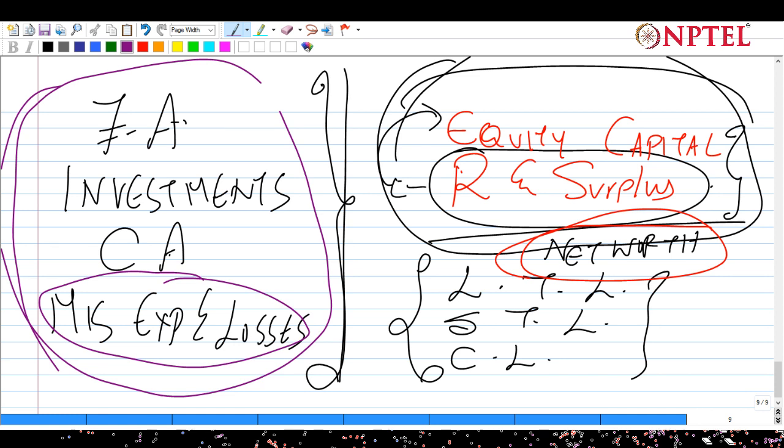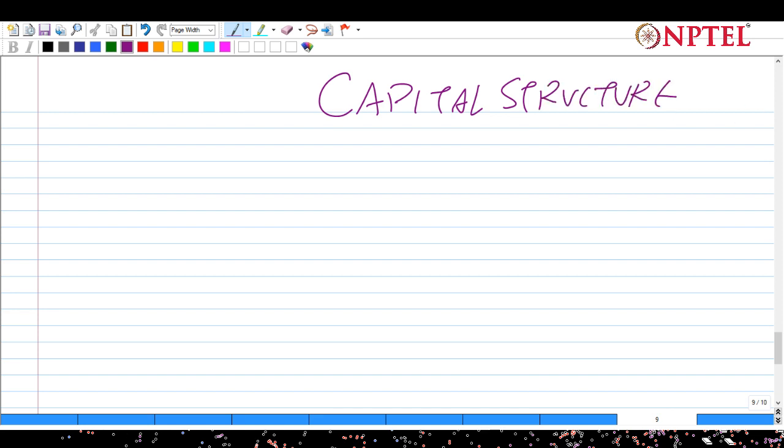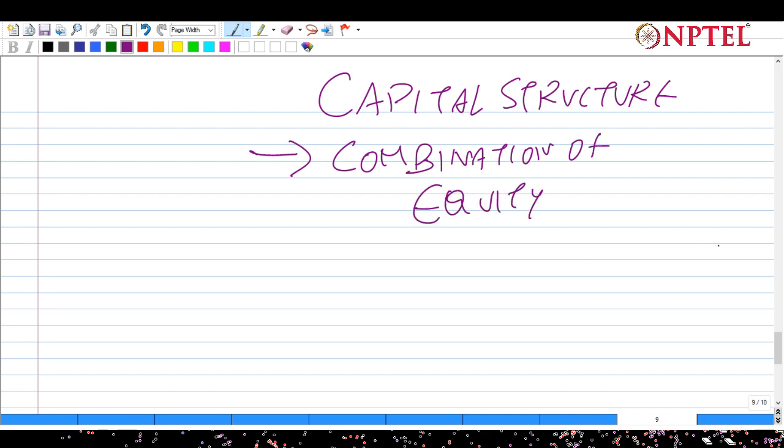When we talk about what is called the capital structure decision, though that is not directly part of this course, capital structure is nothing but a combination of equity and debt.